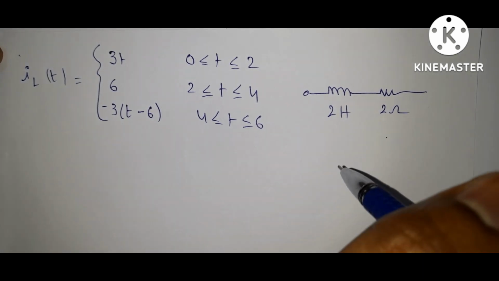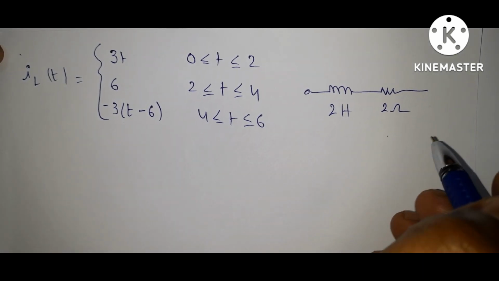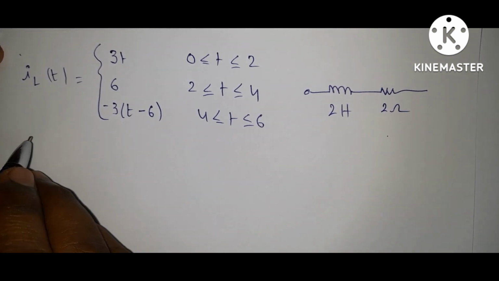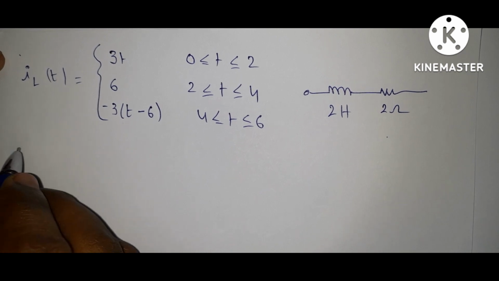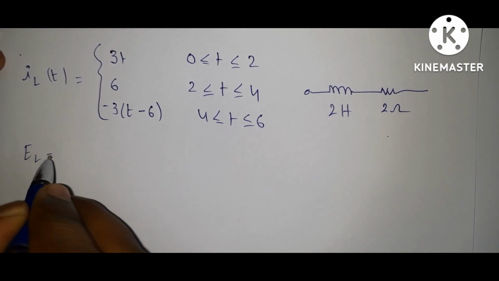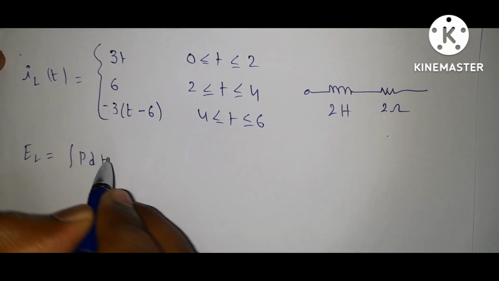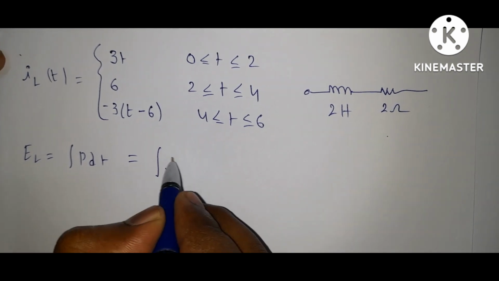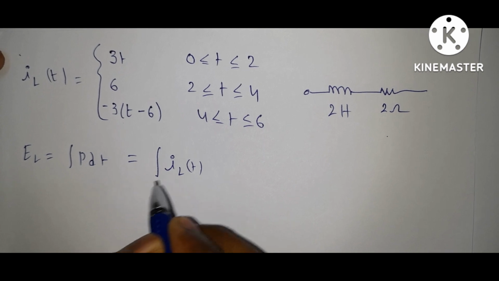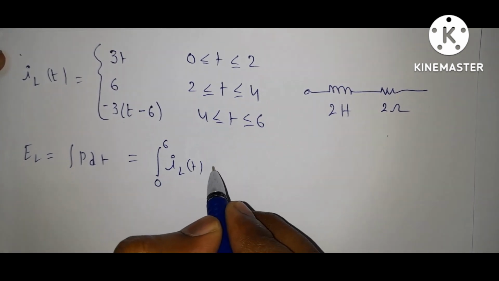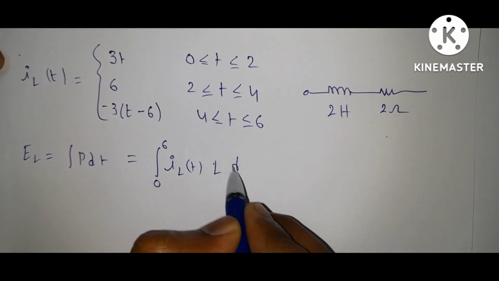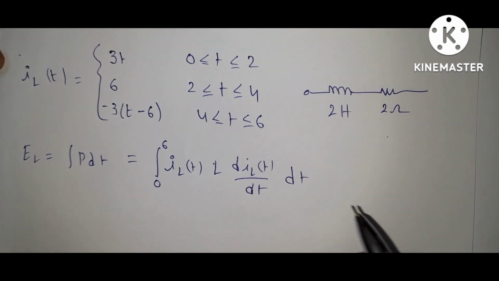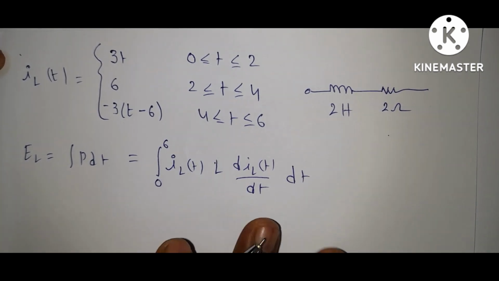But here, for the energy stored by the inductor, only consider the inductance value. So what is the energy stored in the inductor? Integral p dt again, that is integral 0 to 6 of IL of t into L into dIL of t by dt into dt. So current into voltage.